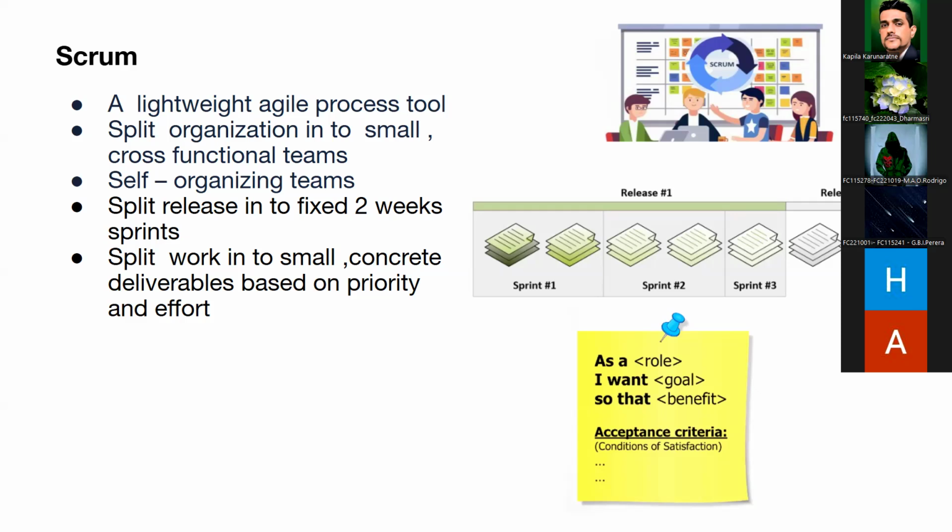Sometimes two weeks is not a hard and fast rule. Some organizations might go with one week, some with two weeks, some with three weeks. Based on their business requirements, the team will focus on different types and sizes of sprints, right?